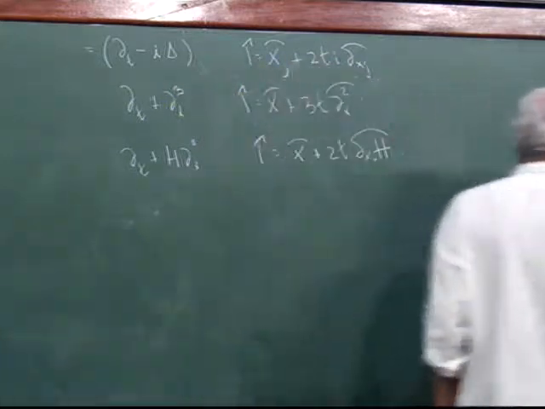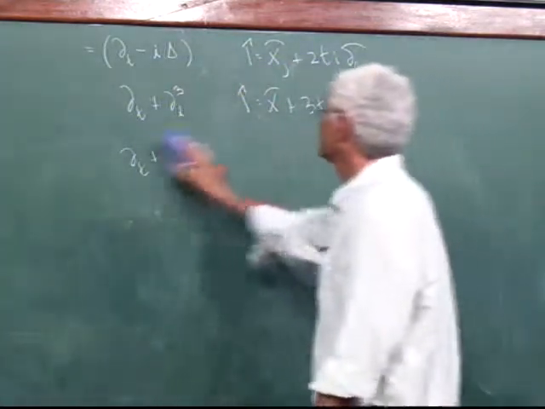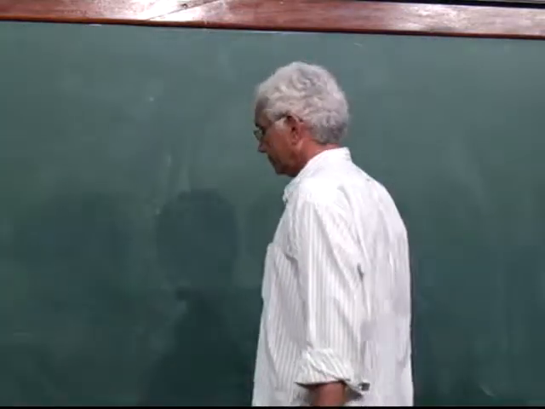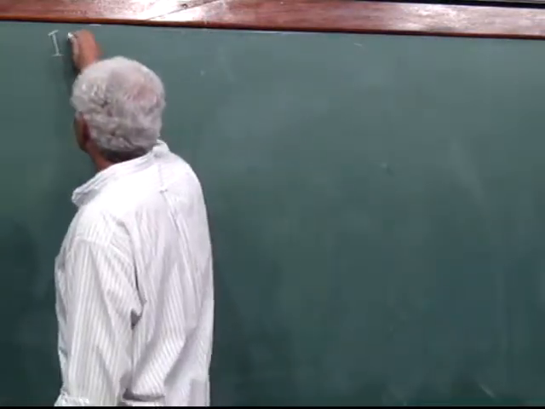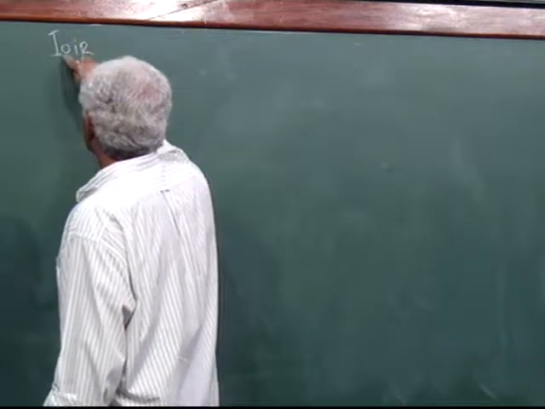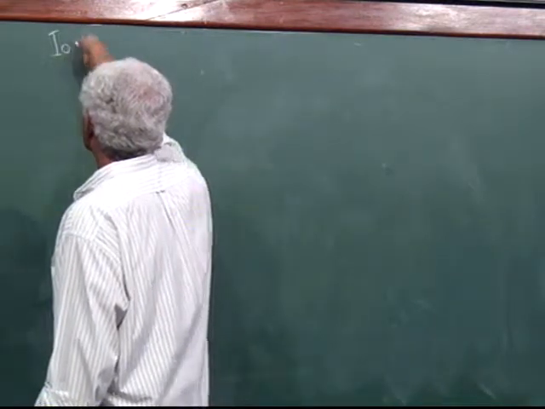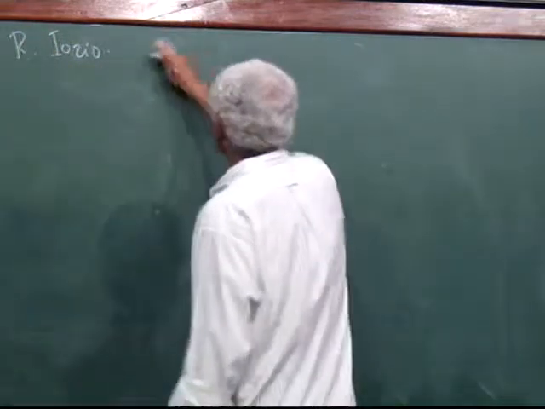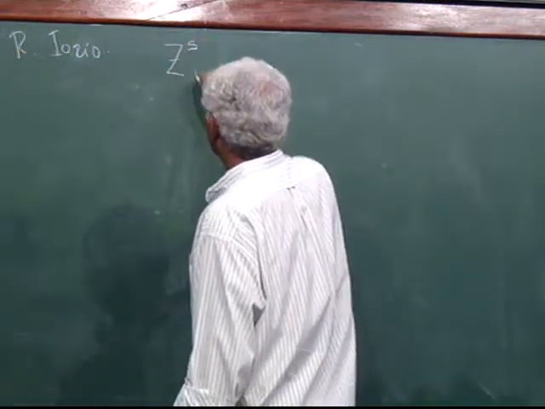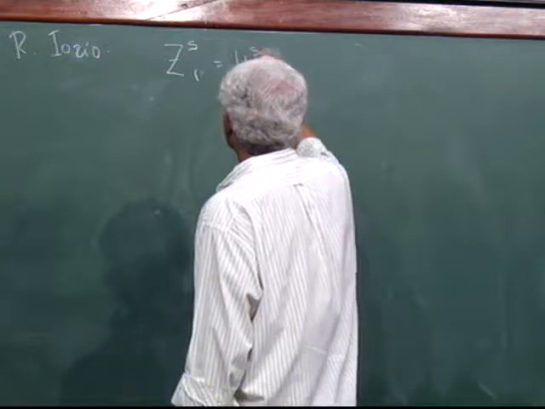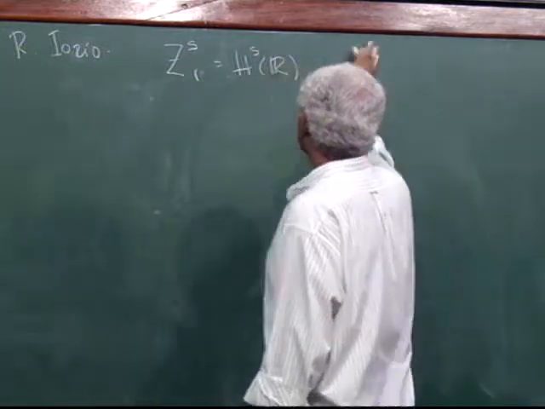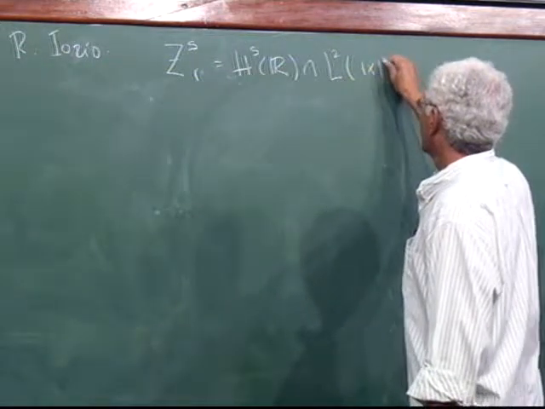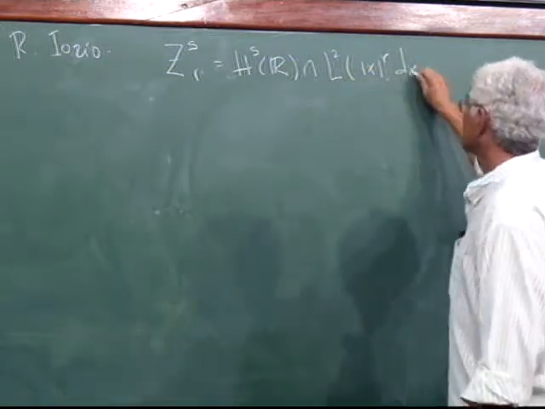Okay? Then with this in mind, Rafael Llorio proved the following. Define this space, H^s of R intersection L2 of x^{2r} dx.